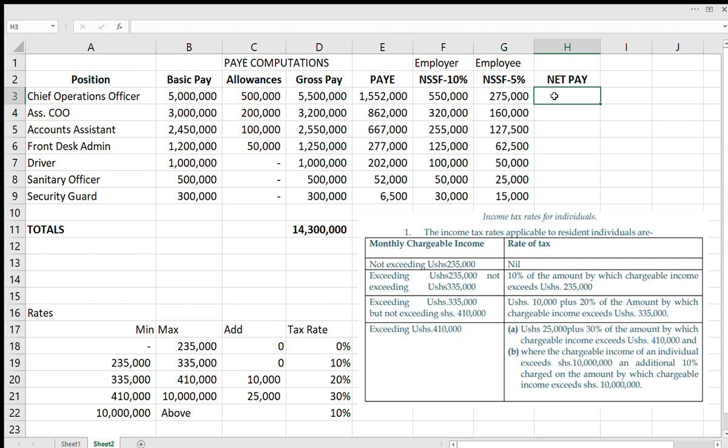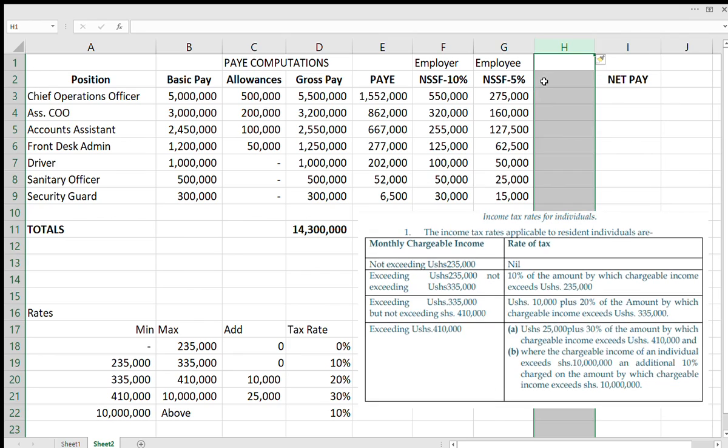So this gross pay, the person would have received here, yes, but he's not going to receive all the gross pay because there are deductions. So pay as you earn and the NSSF are called deductions. If I put here another column to say how much are the deductions from the employee.